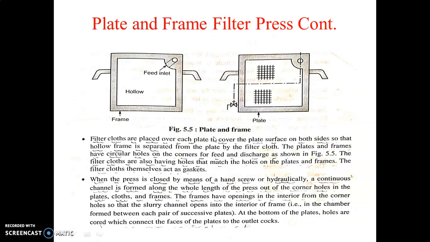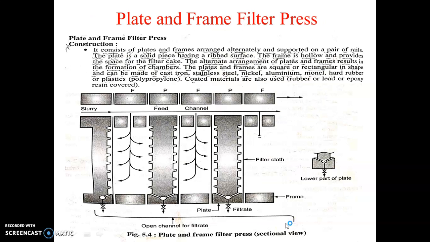And then the frame has openings in the interior from the corner holes so that the slurry channel opens into the interior of the frame. At the bottom of the plate, holes are cored which connect the faces of the plate to the outer cock. So here this is the plate.